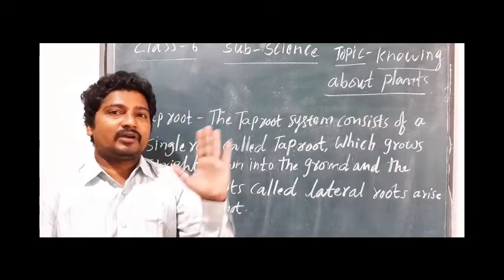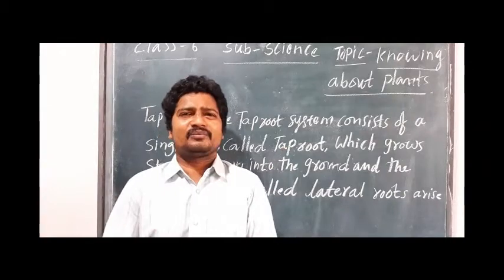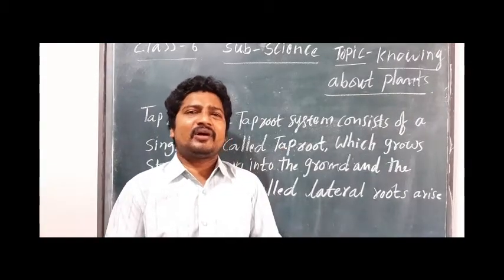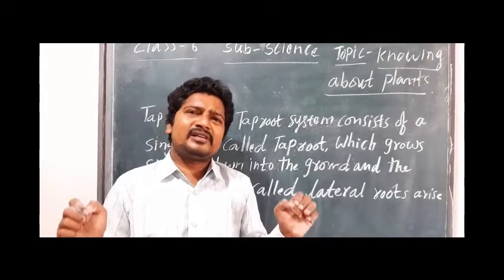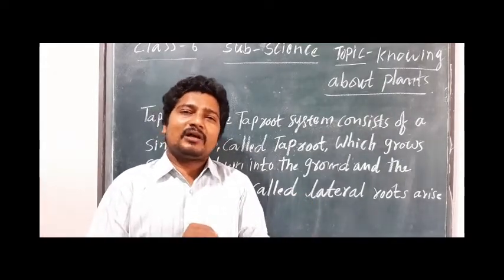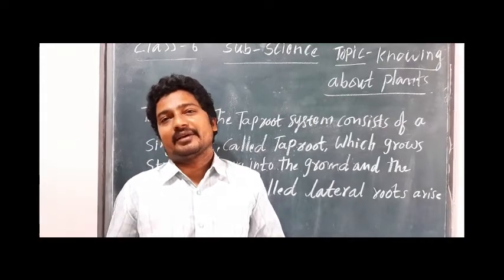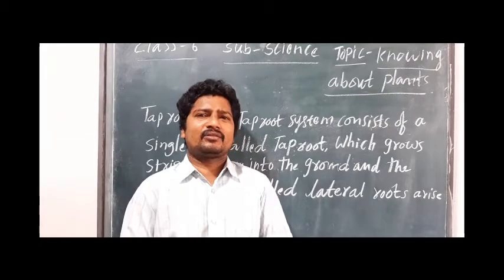Before we read about the tap root system, let's know generally what it is. See children, when we look at the classification of plants, all plants are not the same size or same height or same length.